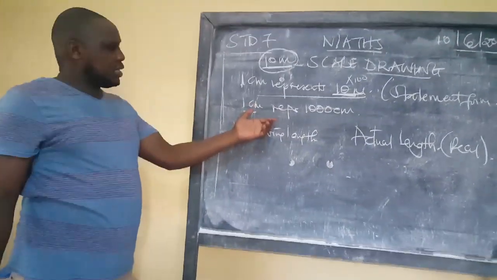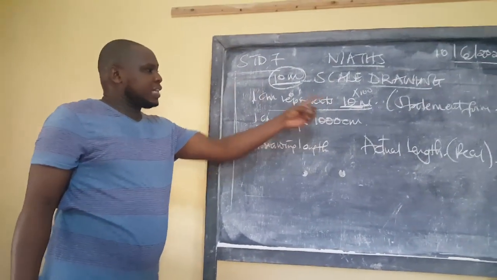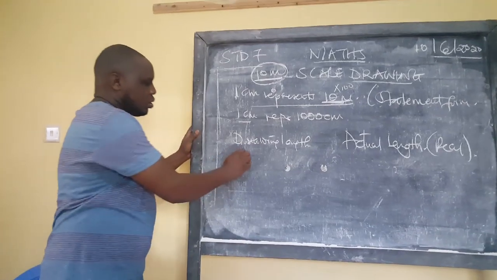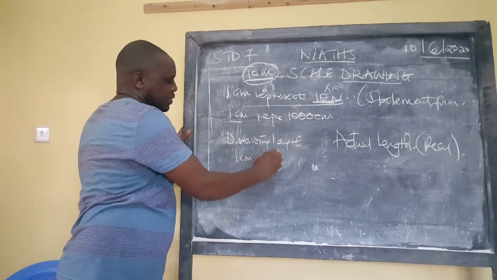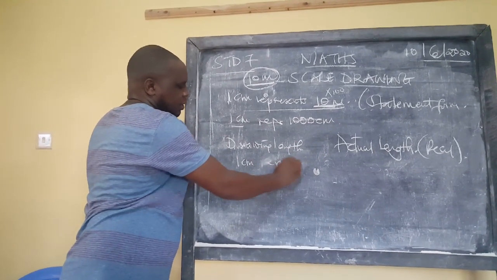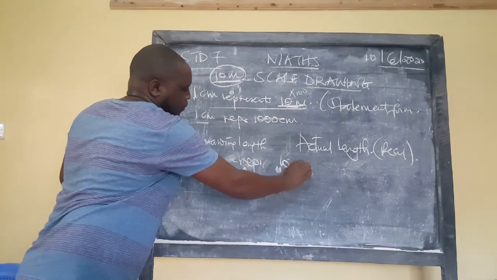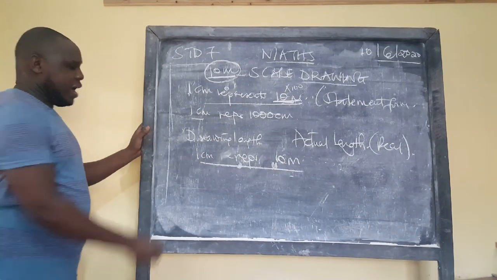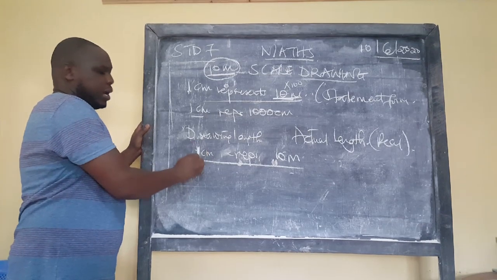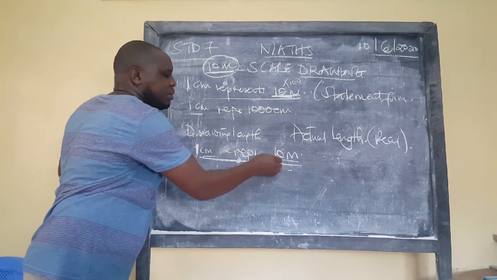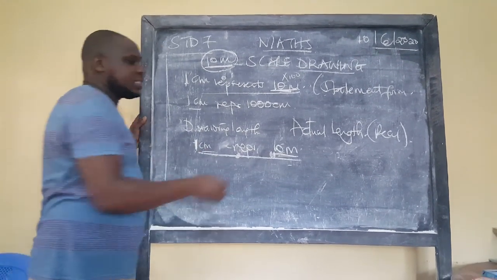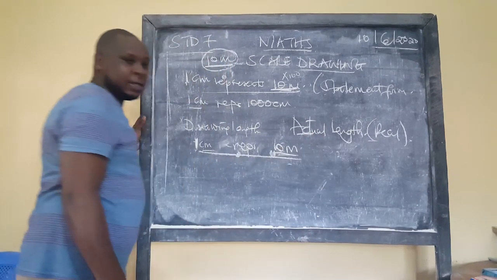So in this case, 1 centimeter represents 10 meters. What this means is that every 1 centimeter you draw on paper is equivalent to 10 meters on the ground. On the ground means the actual length or the real length.